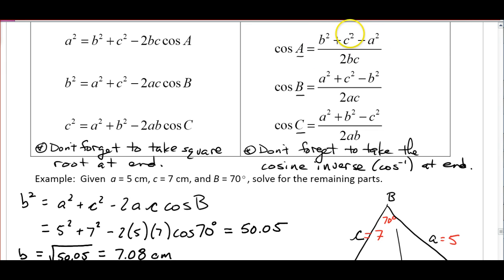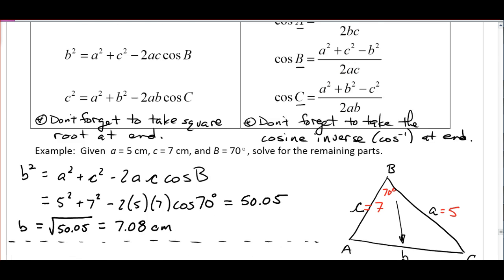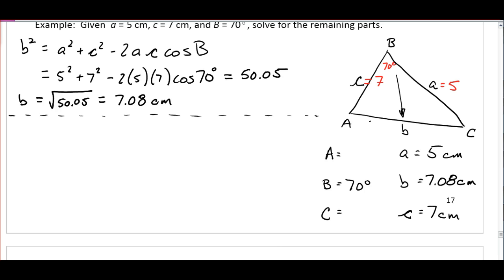This has A, B, and C, this has A, B, and C, this one has A, B, and C. So if you have the three sides of a triangle, you can use the law of cosines angle formulas to find an angle. So let's go ahead and use the one for cosine A. So I've got cosine A is equal to b squared plus c squared minus a squared over 2bc.